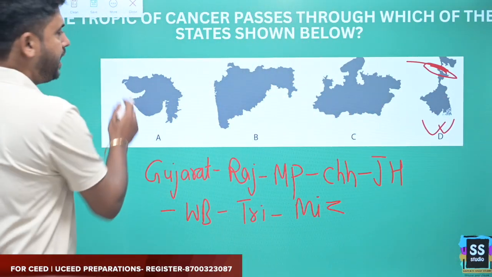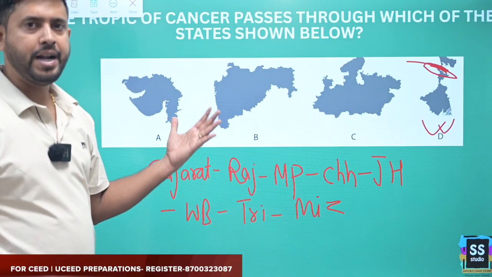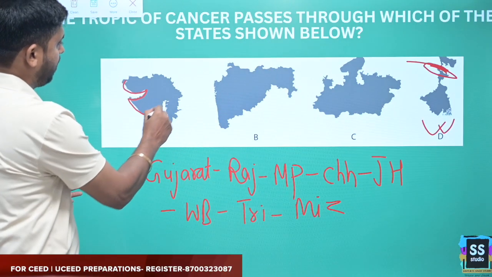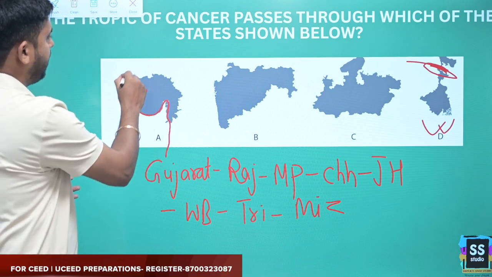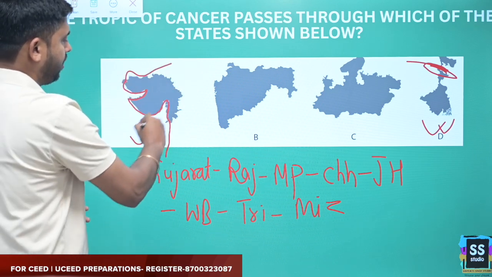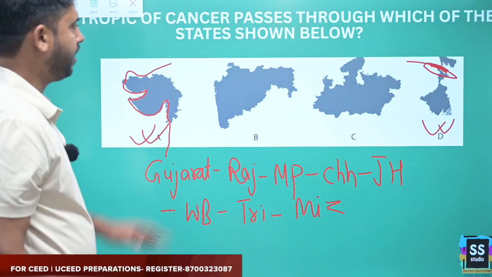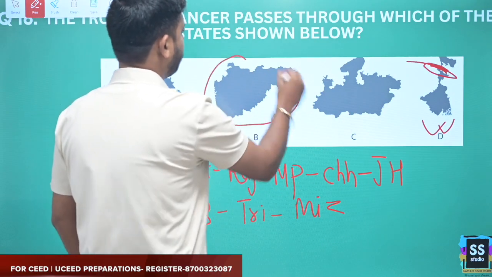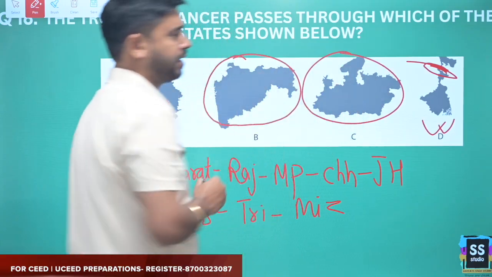Again, if you will see the left side of the Indian map, which is this one, and we have this Indian Ocean here, so this is Gujarat, so it passes through Gujarat. Clear? Now here some of the students got confused in this and this.